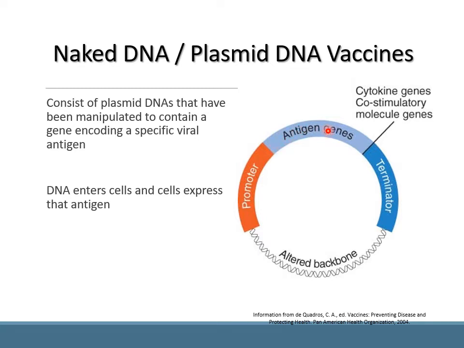It can be injected into an individual. That DNA then enters cells, and those cells will recognize the plasmid and begin to express the antigen. So the host cells themselves express this antigen and present it to the immune system.